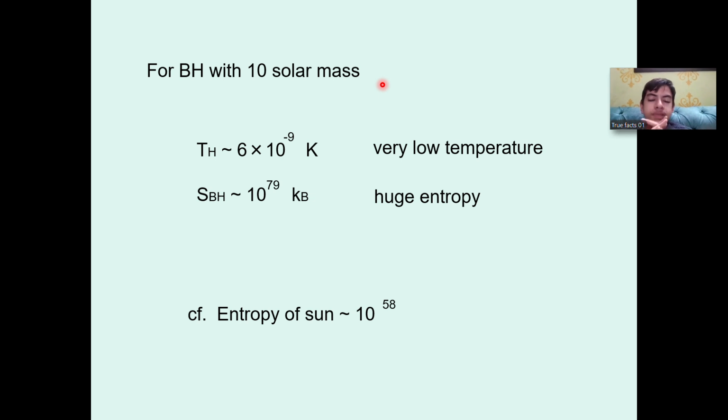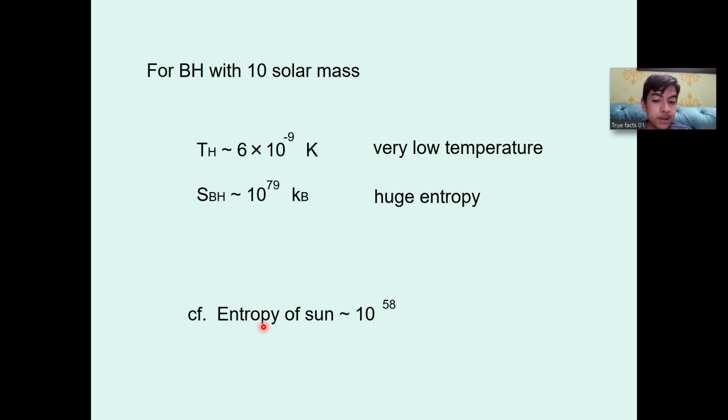So for a black hole that has a mass of 10 solar masses, the Hawking temperature is a very low temperature, 6 times 10 to the power 9 Kelvin. Whereas the entropy of the black hole is 10 to the power 79 k_B. That is huge entropy; 10 to the power 79 is 79 zeros after 10.